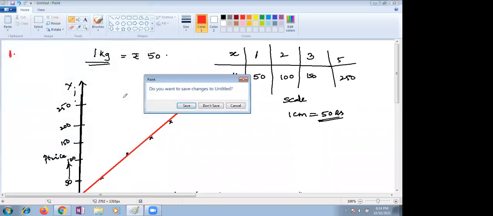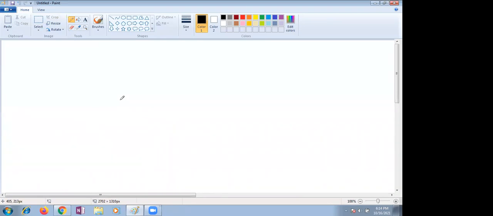Second question, a car travels at a uniform speed of 60 kilometers per hour. What is the speed of the car, children? 60 kilometers. Yes, the speed of the car is 60 kilometers per hour. Whatever is given, I'll write on the screen, children. You have many questions based on these varieties in the examination.